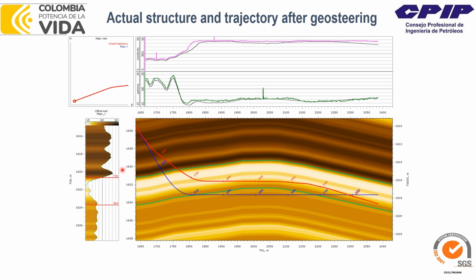So that's the final curtain section we have. It's the same well, but without the fault. We just finished the well, and our surfaces, the top one and the bottom one, now have a different shape from the beginning.